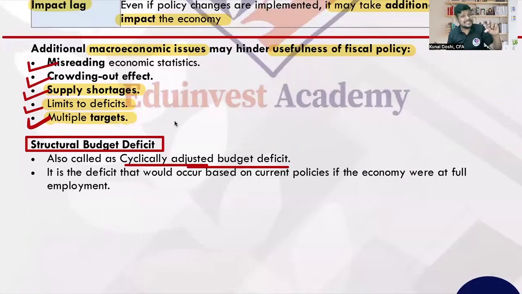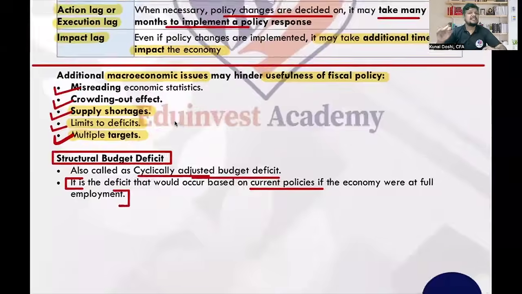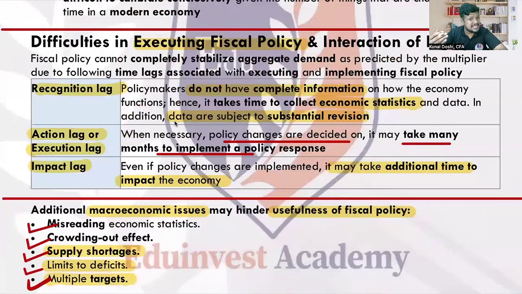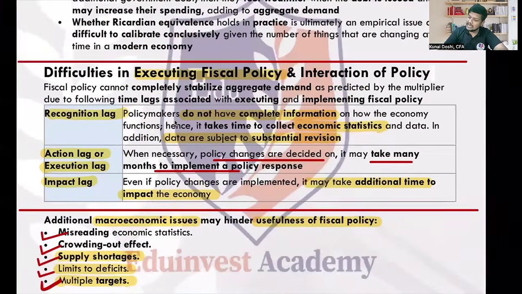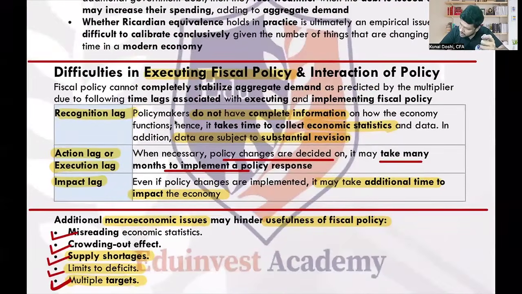So we look at something which is adjusted for the business cycles. It is a deficit that would occur based on the current policies if the economy were at full employment. So it is adjusted for business cycle. That is called structural budget deficit or cyclically adjusted budget deficit.